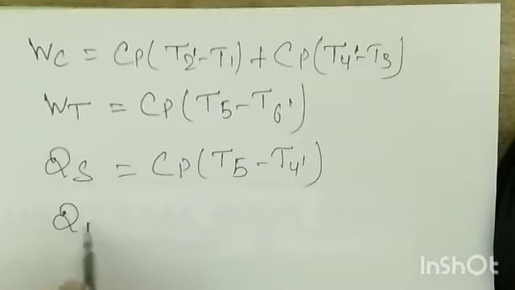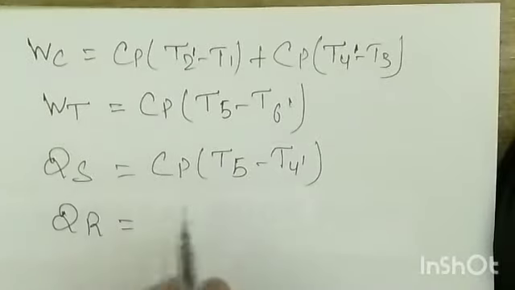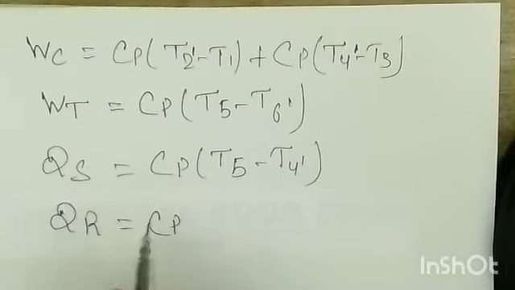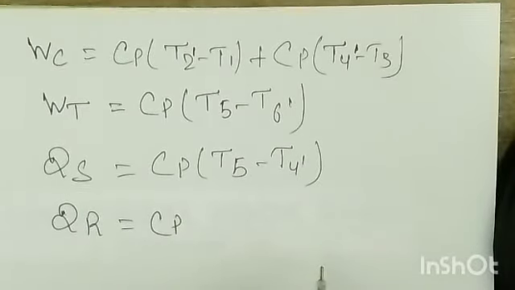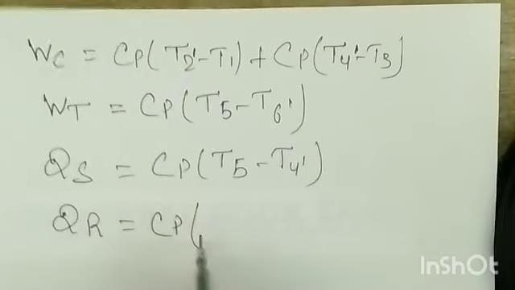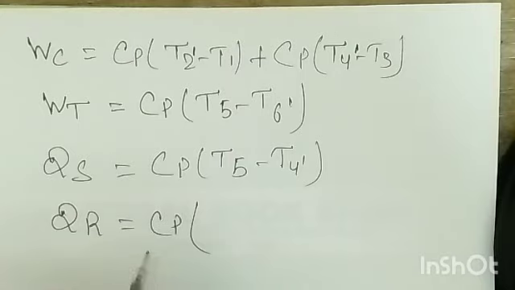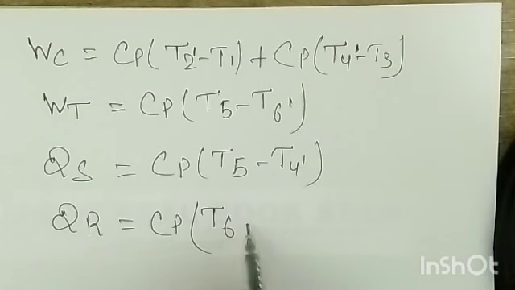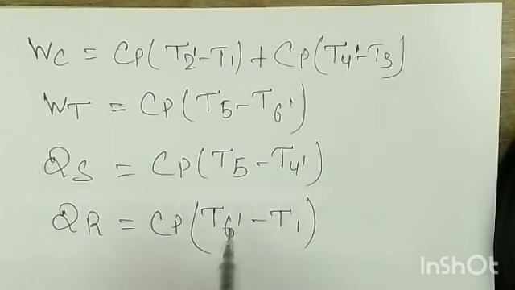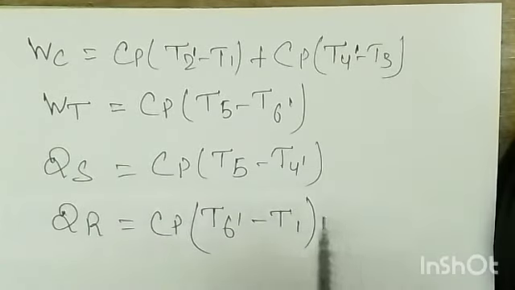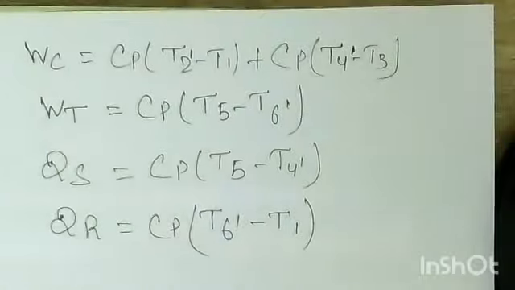So this is the heat rejection in your heat exchanger, that is Cp into (T6 dash minus T1), and further you can see here, that is the intercooler.